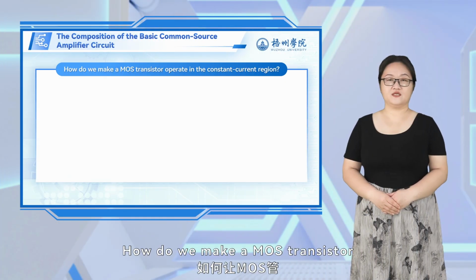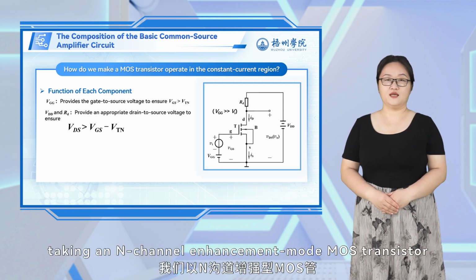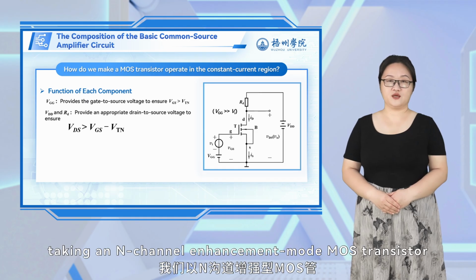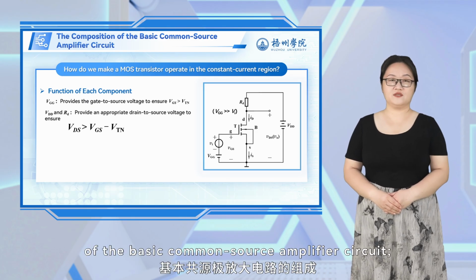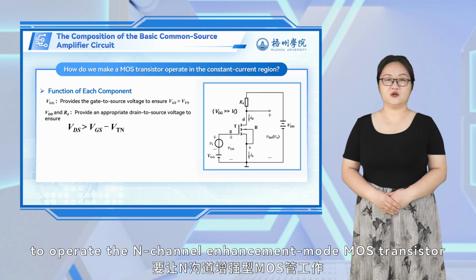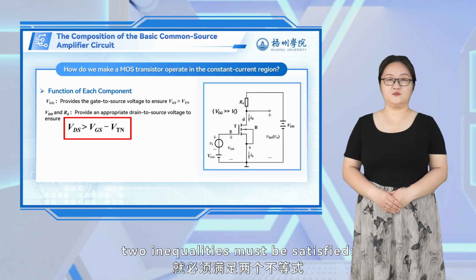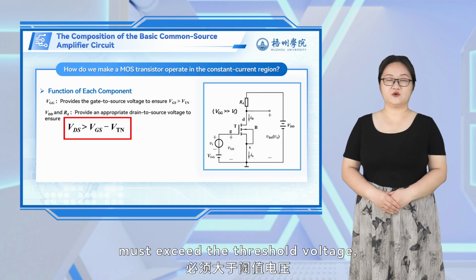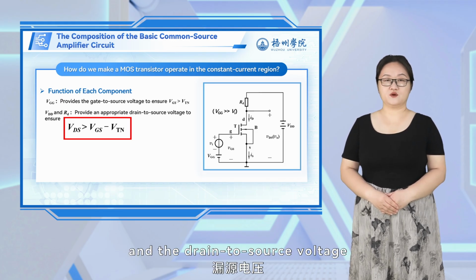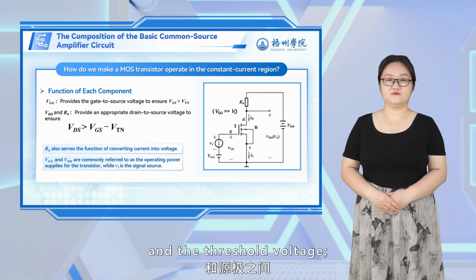How do we make an MOS transistor operate in the constant current region? Below, taking an N-channel enhancement mode MOS transistor as an example, we analyze the composition of the basic common source amplifier circuit. To operate the N-channel enhancement mode MOS transistor in the constant current region, two inequalities must be satisfied. The gate-to-source voltage must exceed the threshold voltage, and the drain-to-source voltage must exceed the difference between the gate-to-source voltage and the threshold voltage.